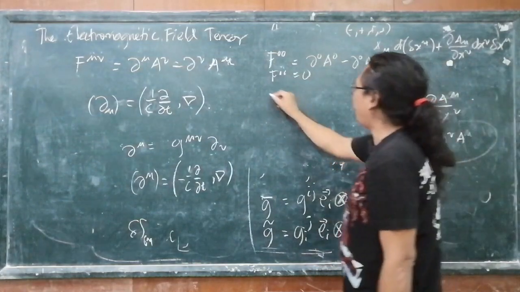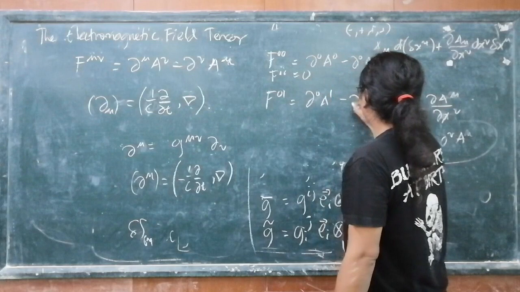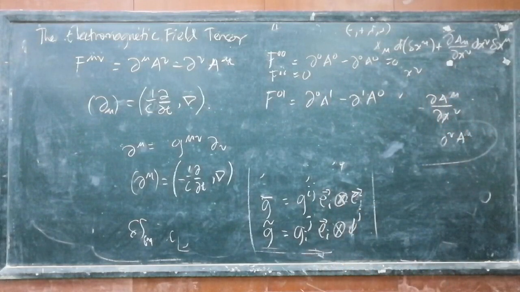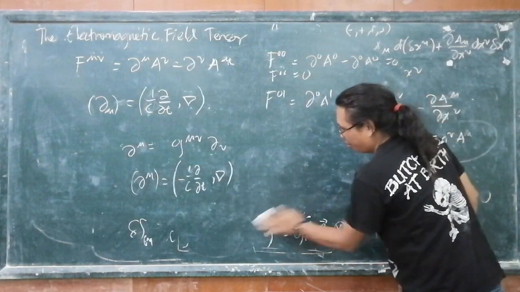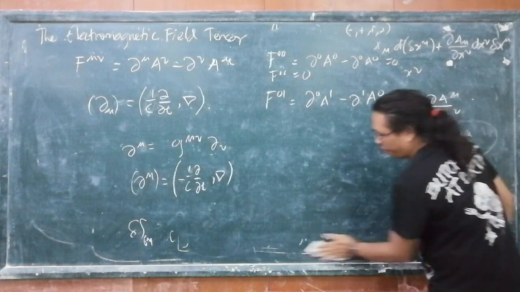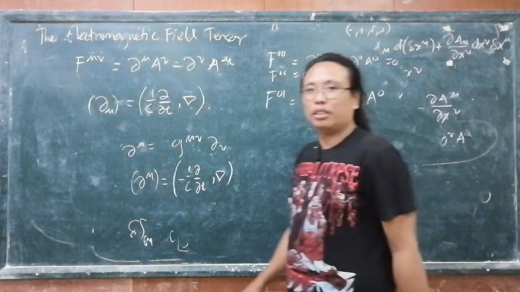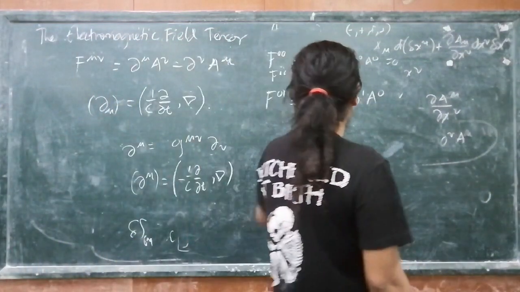How about F01? That is partial 0, A1 minus partial 1, A0. What's partial 0?